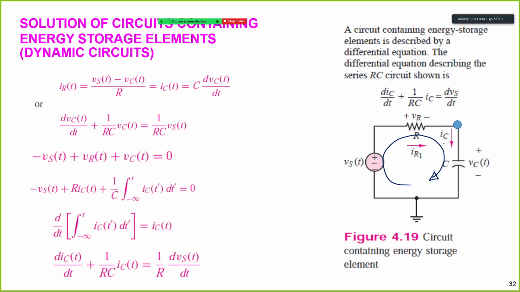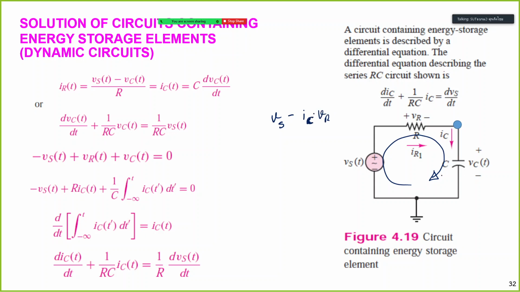If we make KVL here, V source minus VR, where VR is I times R, and this IR or IC is equal, so VS minus IR or IC times R.